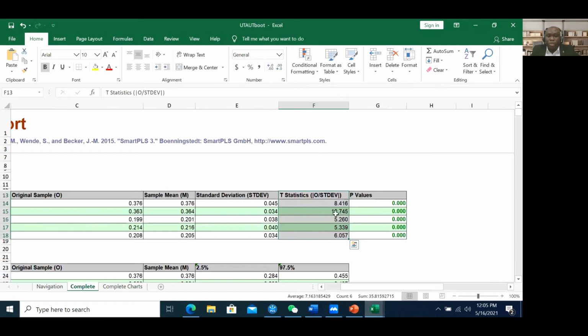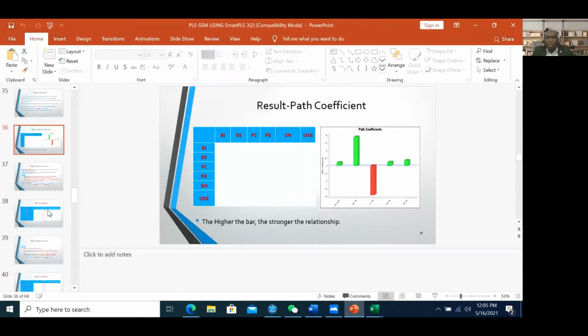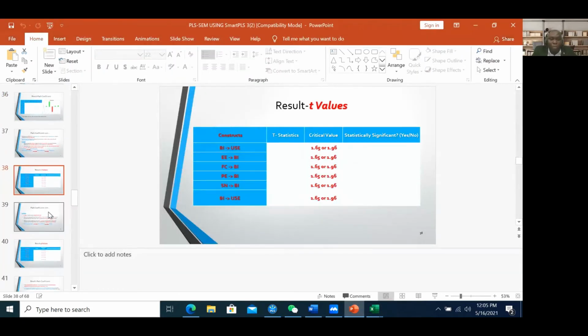So the rule for assessing T statistics is that it has to be above 1.96 or 1.65. That's the rule.